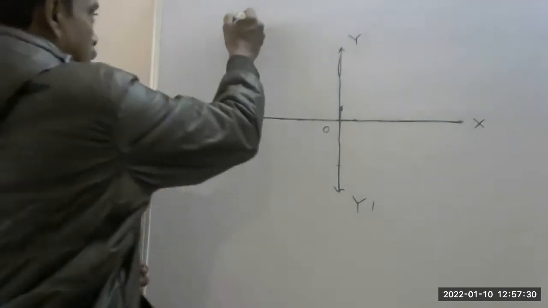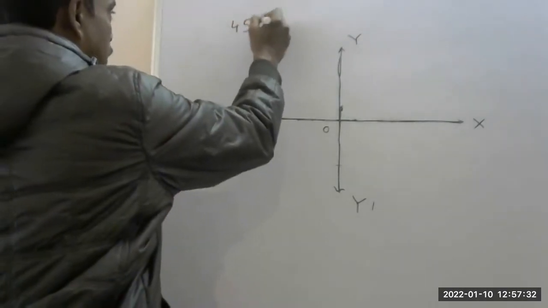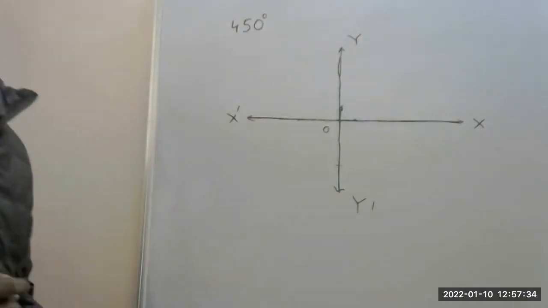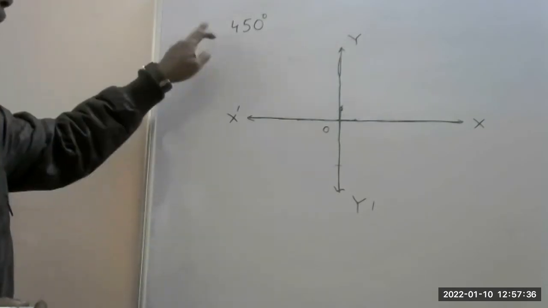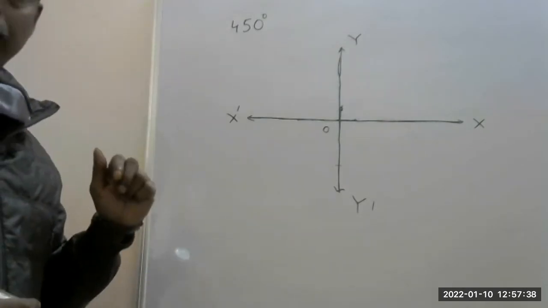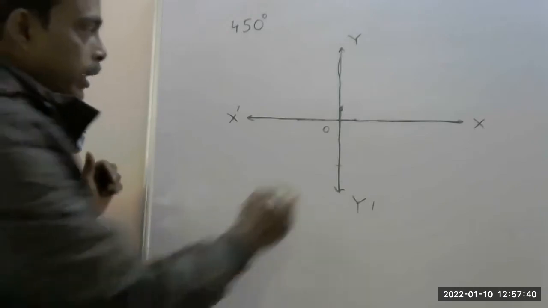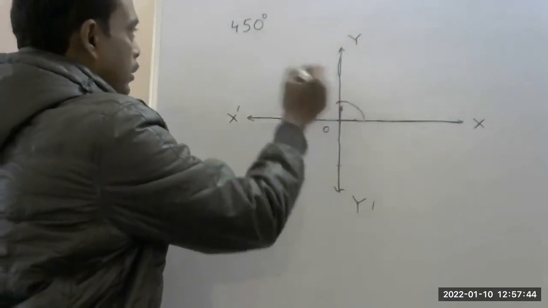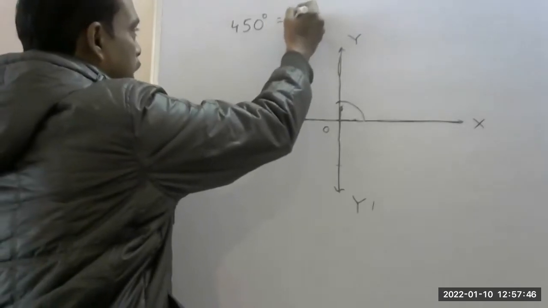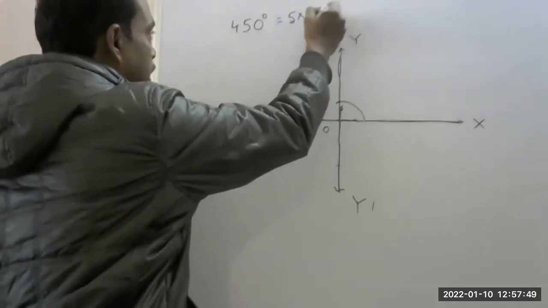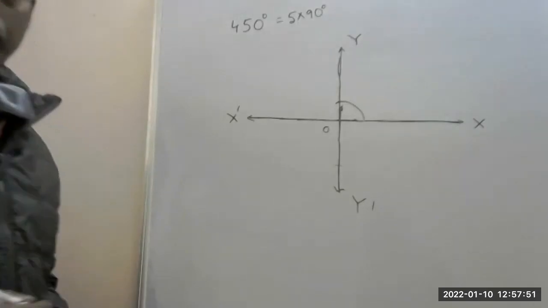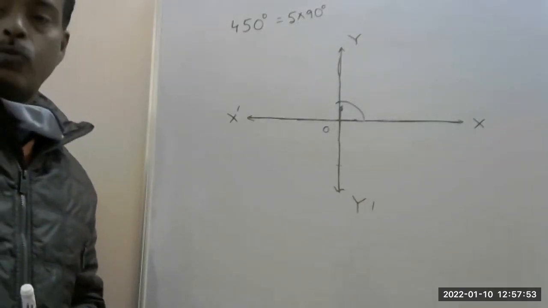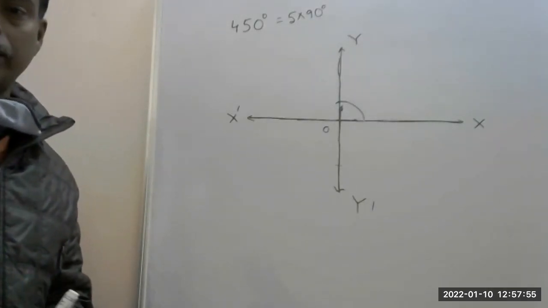Now, angle 450 degrees, where is it situated? It is a positive angle, so we have to take the anti-clockwise direction. Look here, 0 to 90 degrees. We can write 5 into 90 degrees, that is 450 degrees.